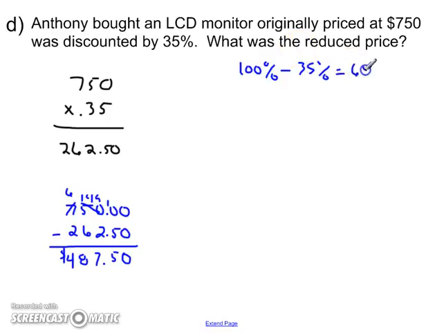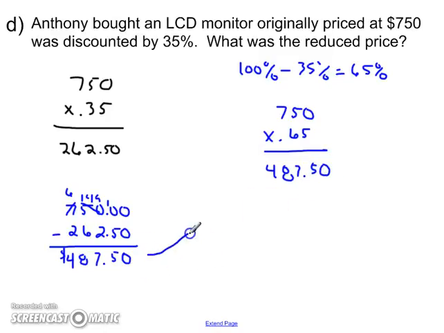So I'm actually going to be paying 65% of the price. Now watch what happens here. If I go 750 and I multiply by 0.65, and again in this case just for the sake of speed, I'm going to punch that into my calculator, and that ends up being $487.50.